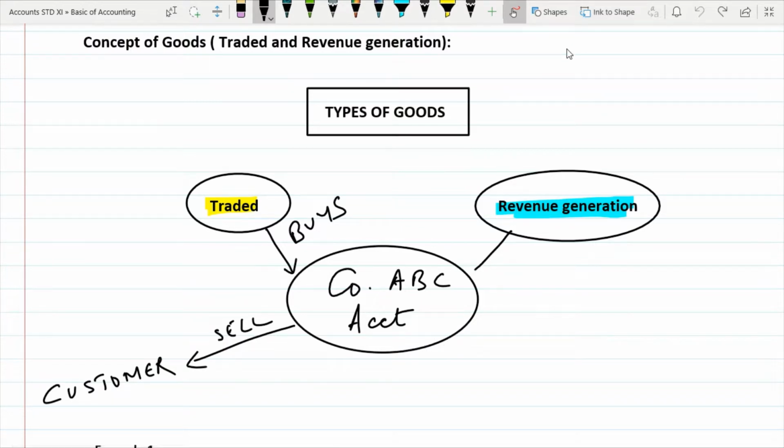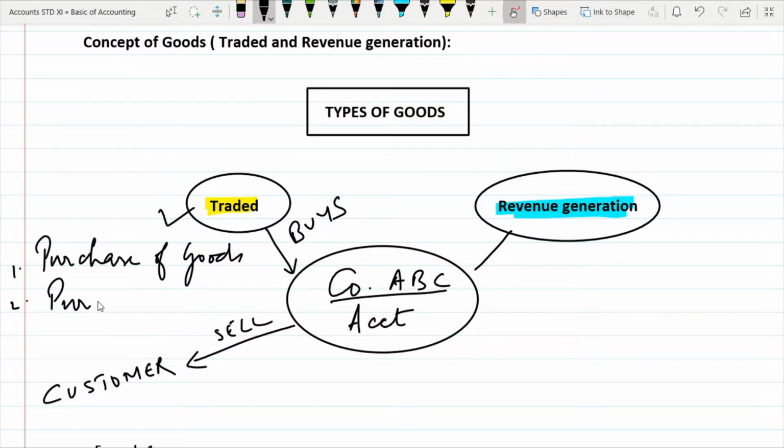Now you need to understand what these traded goods are called. When this company ABC buys traded goods, we term it as purchase of goods. Or else, there's another term also, we can just say purchases.